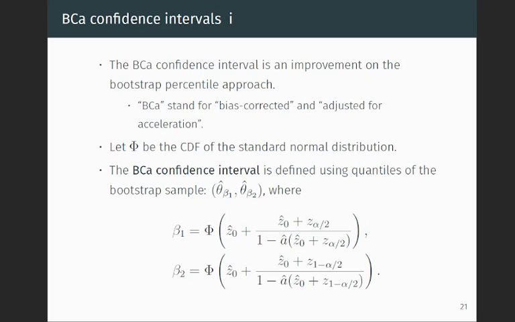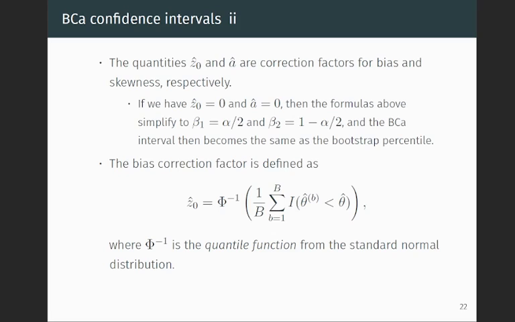So what you get back are the usual critical values that we're familiar with from the standard normal. And so what we would get then is that beta 1 is alpha over 2 and beta 2 is 1 minus alpha over 2. And so the BCA interval would be the same as the Bootstrap percentile in this case. But in general, those values are never 0.